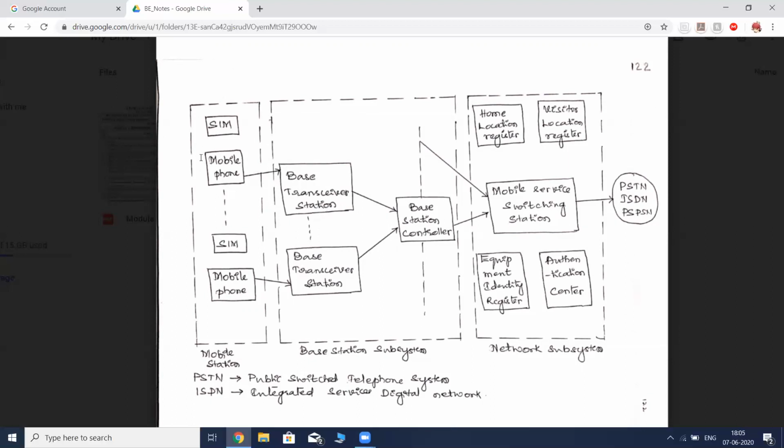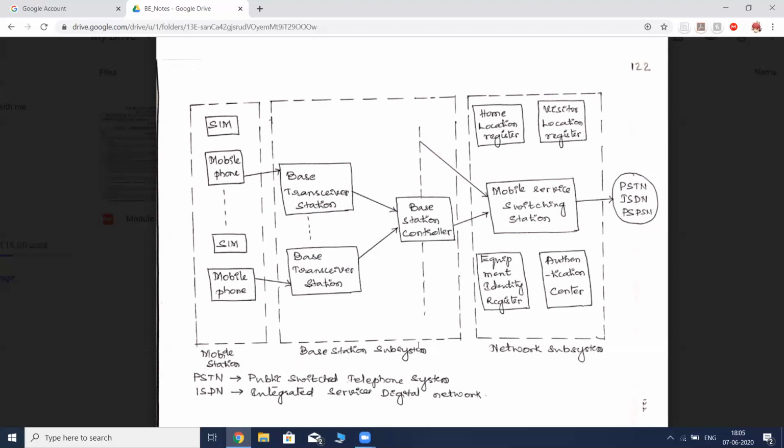When you make a call, you must first get connected to this base transceiver station. Many base transceiver stations are controlled by a base station controller, because the call has to be switched to the mobile service switching station. So they all require a controller, and you will have many base station controllers like this.